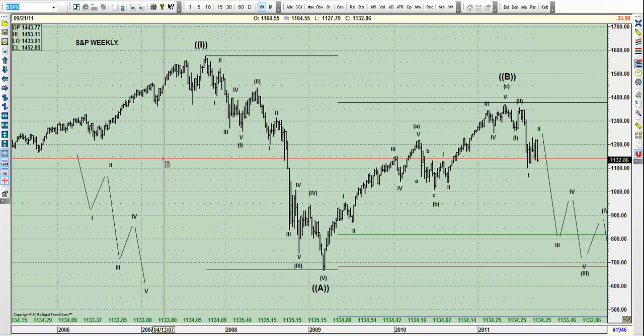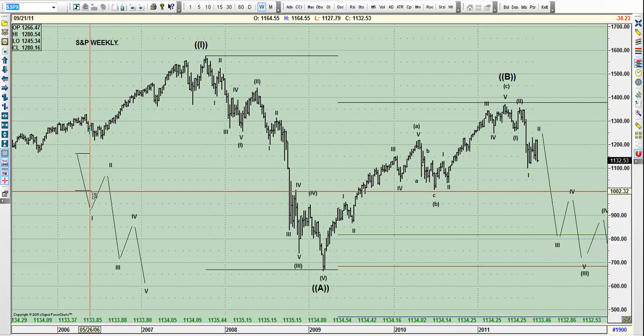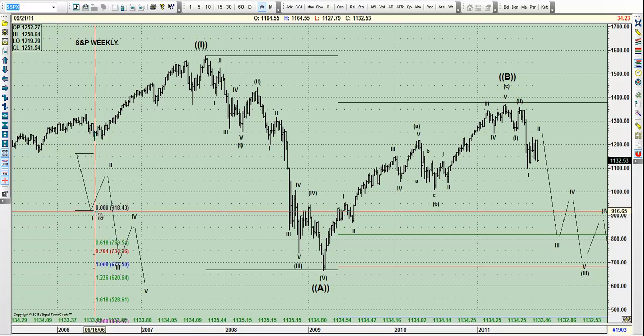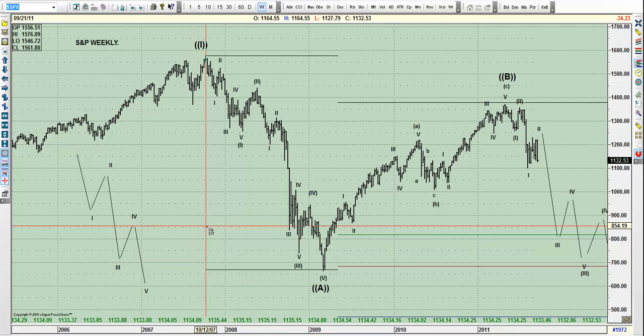How wave 5 you can measure in 3 different ways. First one, you measure wave 1, and then wave 5 is gonna equal right there at wave 1. That's one.